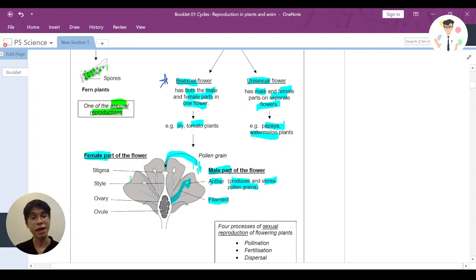And for the female parts we have four. The first one is the stigma. The second one is the style. Next is the ovary, which is this whole thing, and the ovule, which is the small little dots here. Now I just want to let you know that when these pollen grains transfer from the anther to the stigma, it is something we call pollination, which we will learn in the next video, okay?